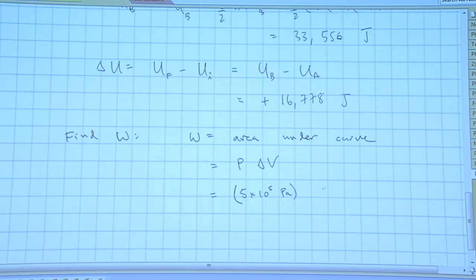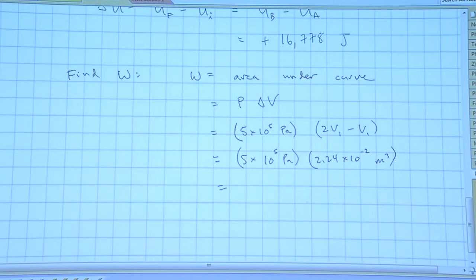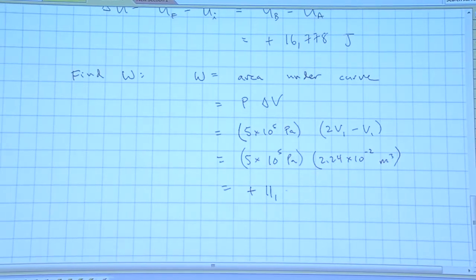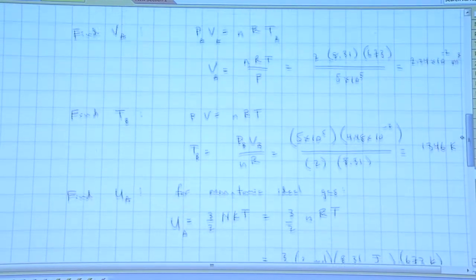Our delta V was 2V1 minus V1, which is just V1. And I told you it's positive in this case because the volume is expanding. So I'm driving home the point that you need to be careful with signs. Positive, 11,200 joules. Let me put that into my table.